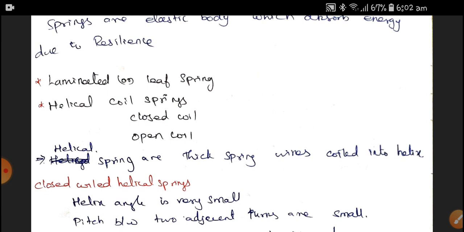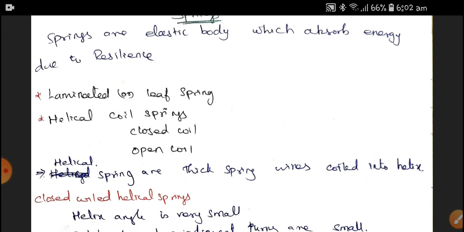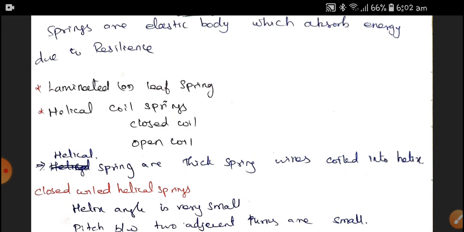There is one master leaf, which has the maximum length, and the others are the supportive leaves. The master leaf and supportive leaves are coupled together to make a complete leaf spring. We can say it is a laminated spring because the leaves are held together by means of a bolt and nut or a tie bar.